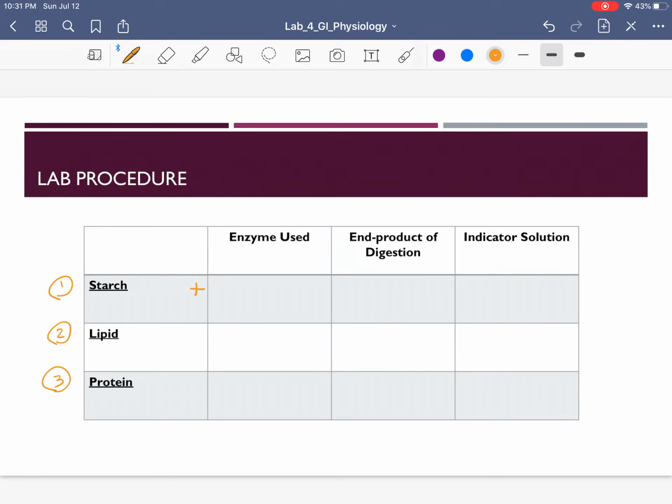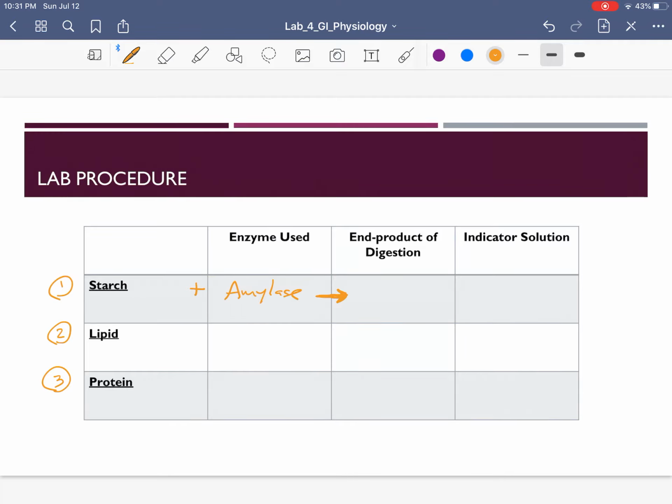What is the enzyme specific to starch? Amylase. So we're going to take a test tube, fill it with starch, and we're going to add the enzyme. And then we're going to wait. And over time, what is that enzyme going to help to do? Chemically break down the starch.